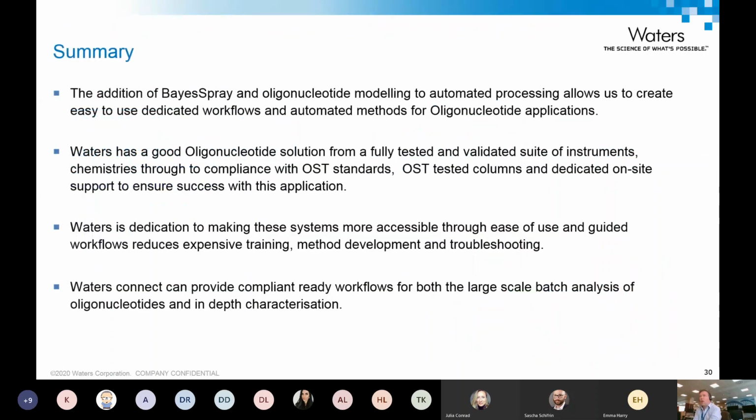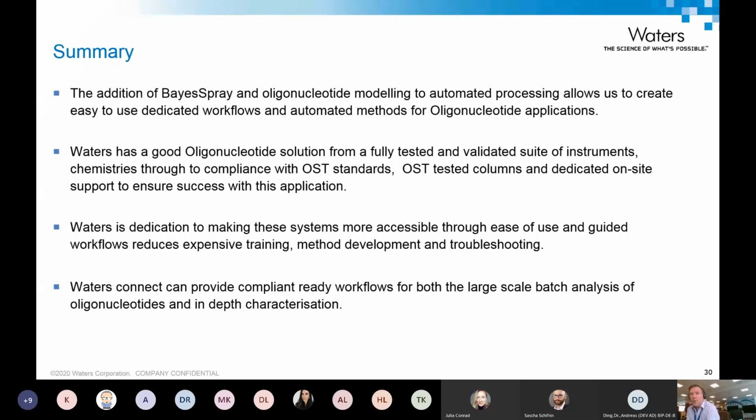So in summary, hopefully what you've seen from Emma and then from me is that the addition of BaseSpray gives us benefits for processing oligonucleotides. We've had MaxEnt1 for a long time, which is good for your intact protein. Oligos are a little bit smaller, so it worked, but it didn't work perfectly.